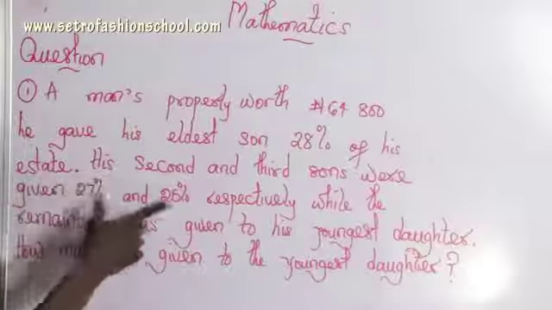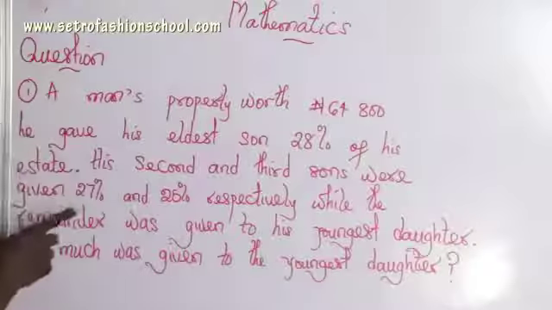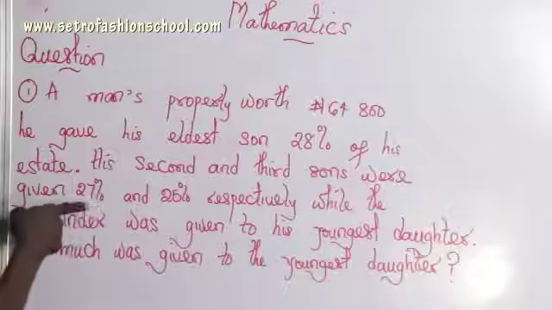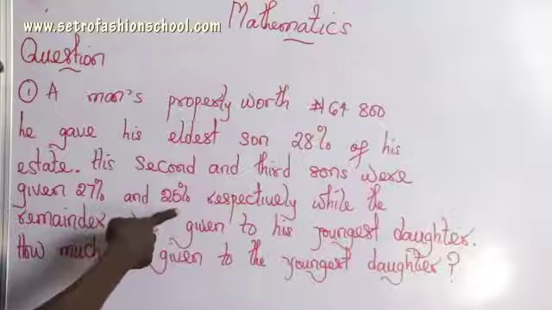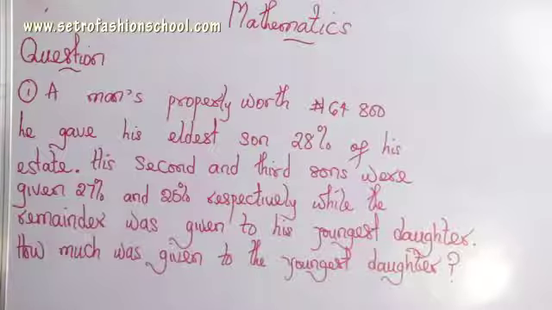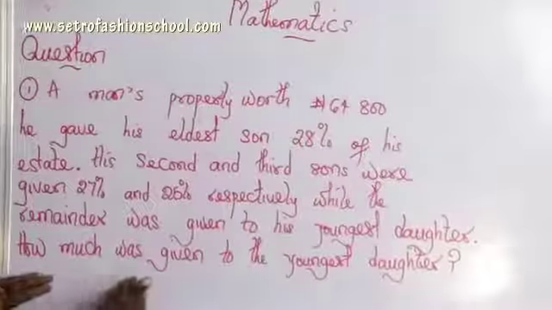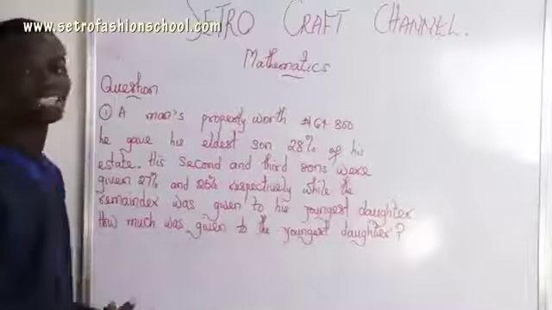Likewise, he also gave the other two sons 27%, the second one 27%, the third one 25%. Now, the daughter. The question now says, how much was given to the youngest daughter?